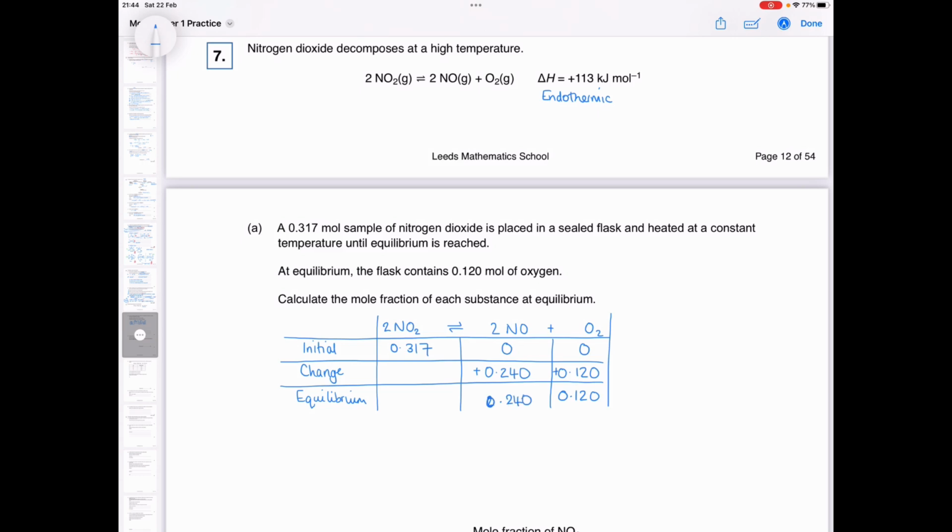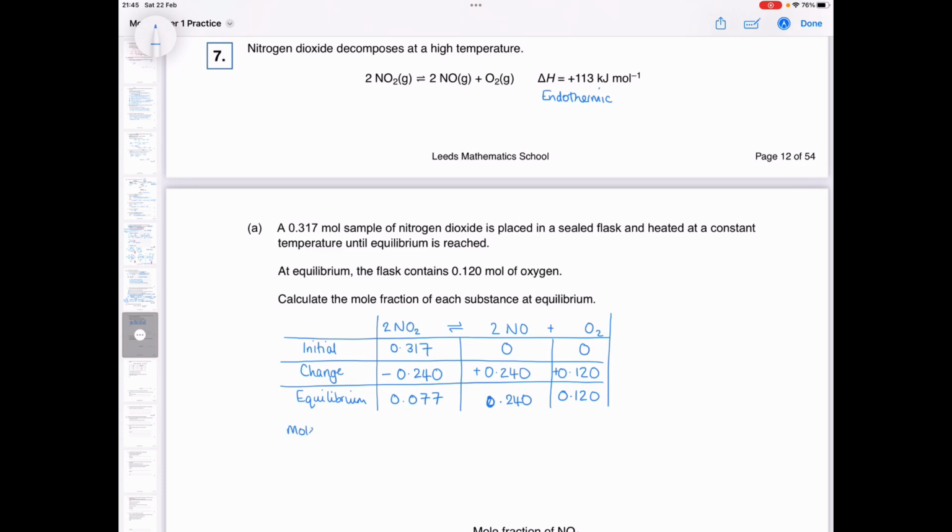And so that means that the NO2 must have gone down by 0.240. So at equilibrium we've got 0.077 of that. So those are our equilibrium moles.